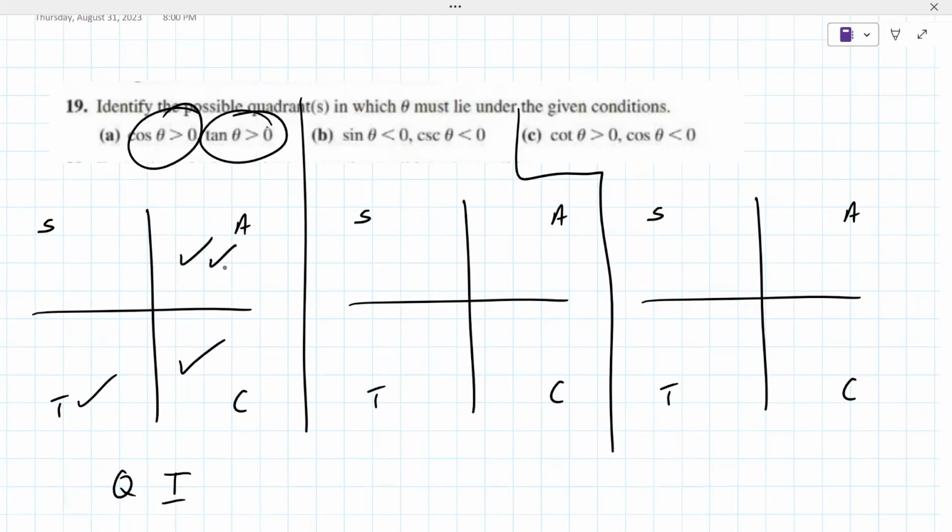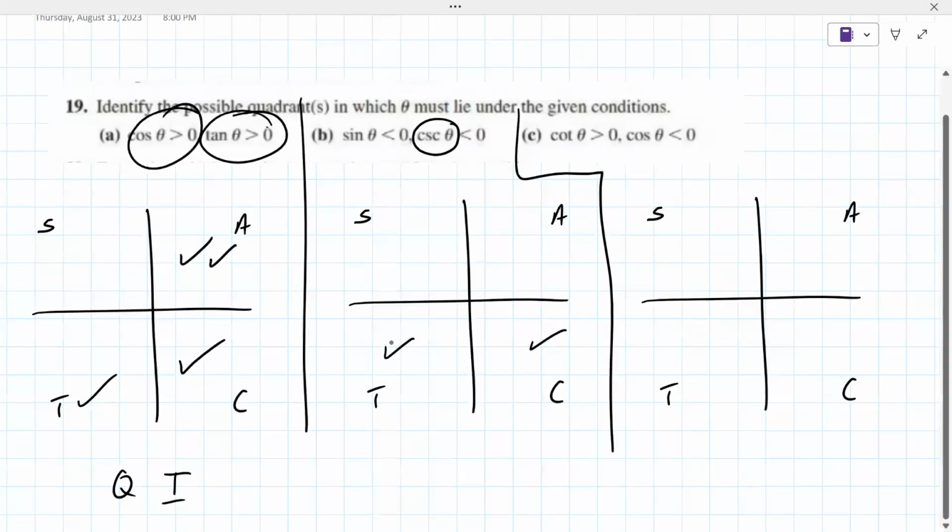See what you come up with. 3 and 4. The sine is negative in 3 and 4.